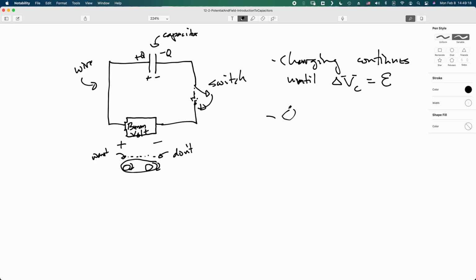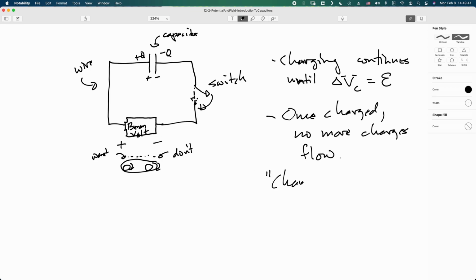Once it's charged, there's no more flow of charge. So we can say that a charged capacitor acts like a break in the circuit.